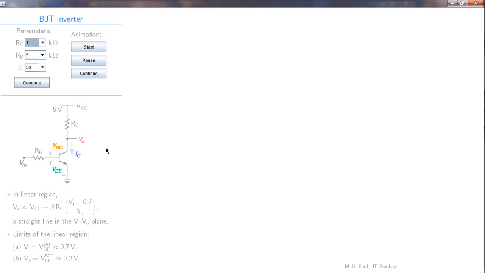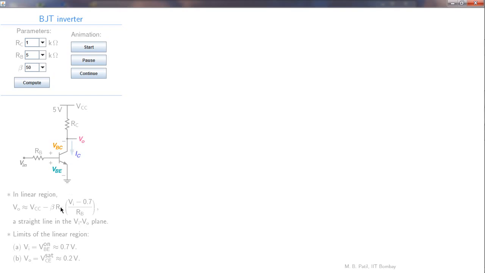Let's look at the same circuit in some more detail. Here are the choices for RC: 0.5K or 1K or 2K. For RB: 1K or 5K or 10K. And beta can be 50 or 100 or 200. If the transistor is in the linear region, VO is given by VCC minus IC RC, and IC is beta times IB in the linear region.